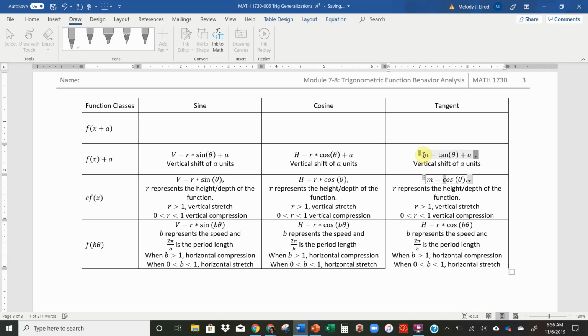The only thing that would change is this right here, the period length would be pi over b instead of 2 pi over b, because we know that the period is actually only pi. So if we want to figure out the period length for tangent, we would divide pi by the speed as opposed to 2 pi.